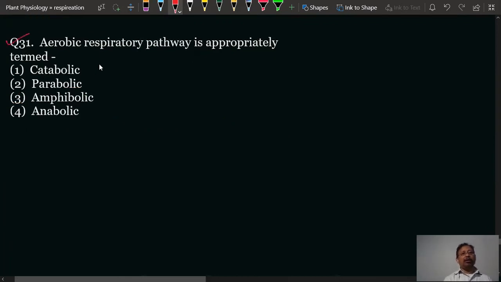Question 31. Aerobic respiratory pathway is appropriately termed as option 3, amphibolic.